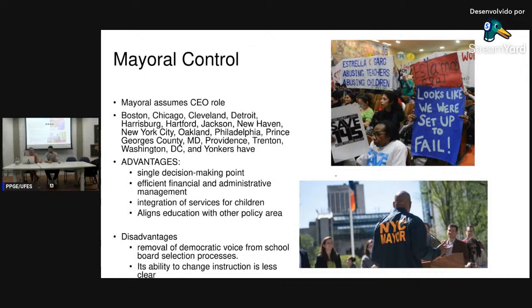So when that happened, the parents no longer have as much of a say in the democratic process of how those schools are run, and how to make changes is much harder to do at the local, at the family level, the community level. Okay. Right there, those are disadvantages. And I'll go back to advantages.